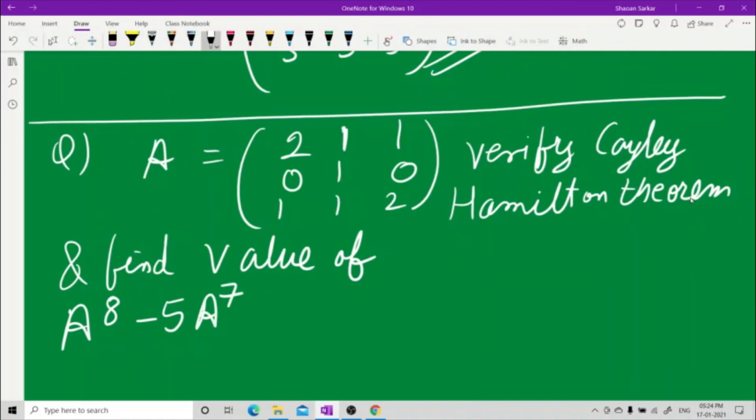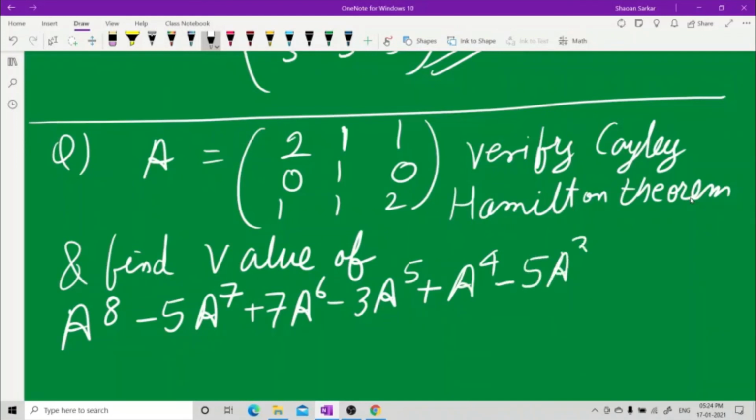So it is A^8 minus 5A^7 plus 7A^6 minus 3A^5 plus A^4 minus 5A^3 plus 8A^2 minus 2A plus 1.